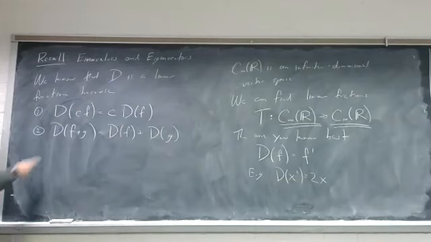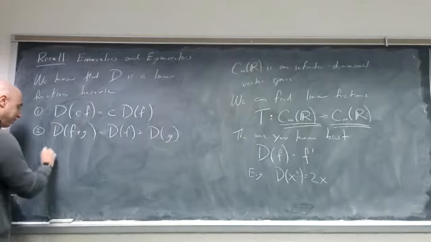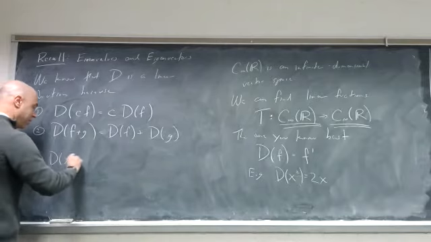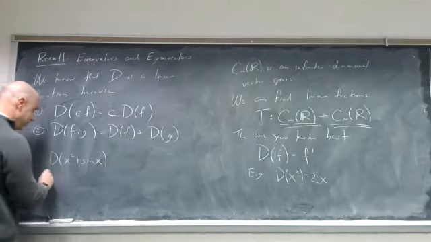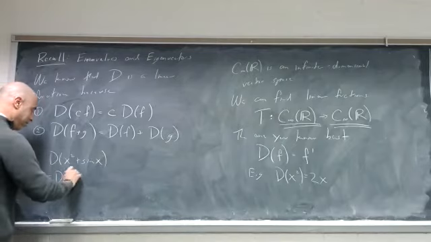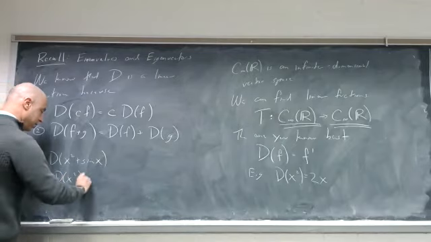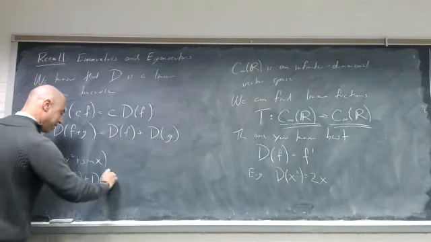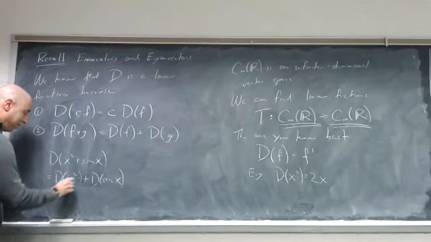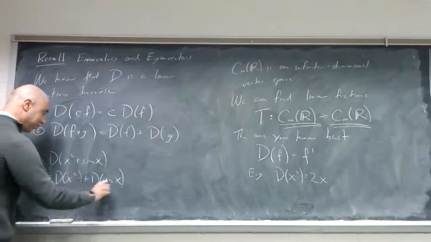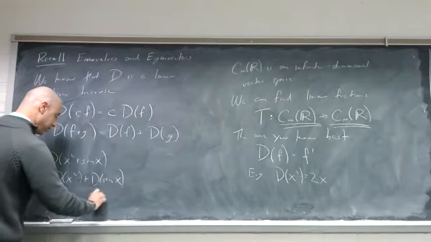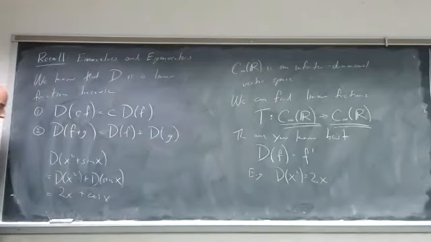For instance, if I want to take the derivative of x squared plus sine x, that's just the derivative of x squared plus the derivative of sine x. You don't even have to think about that anymore. Derivative of x squared is 2x, derivative of sine x is cos x, put a plus sign in the middle.